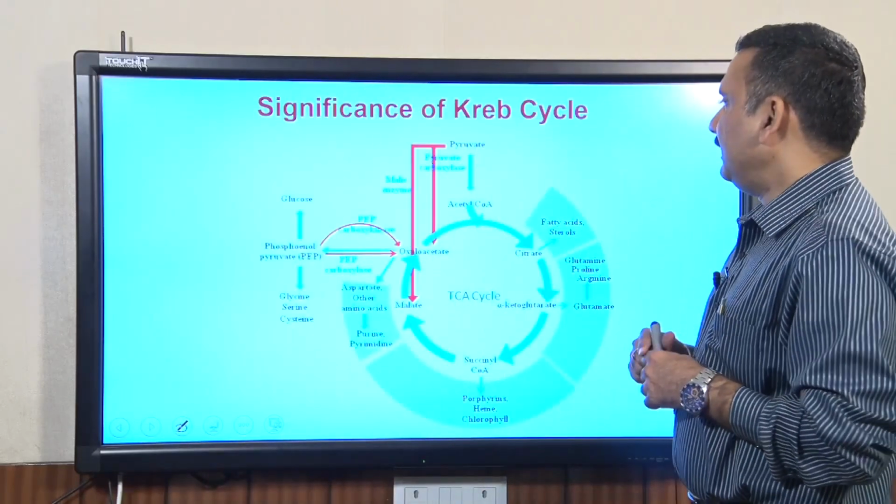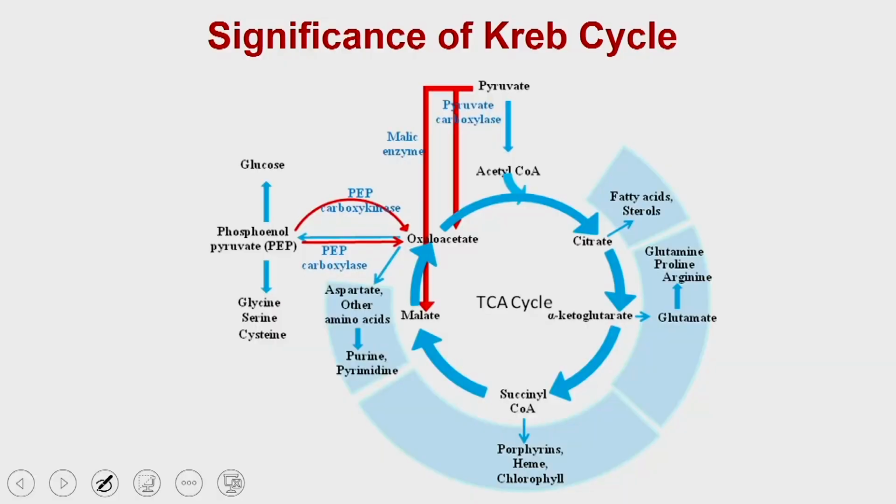As you can see, the Krebs cycle receives pyruvate from glycolysis, and the pyruvate is converted into acetyl CoA, and this acetyl CoA enters the Krebs cycle and is processed with the help of several intermediates. With these intermediates it produces the reducing equivalents as well as free energy in the form of GTP.